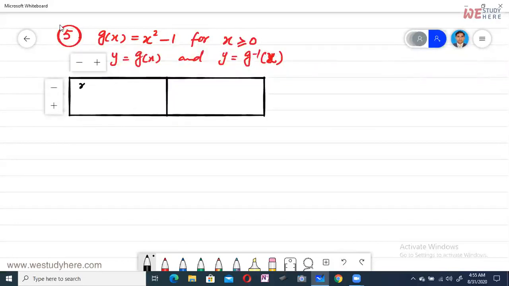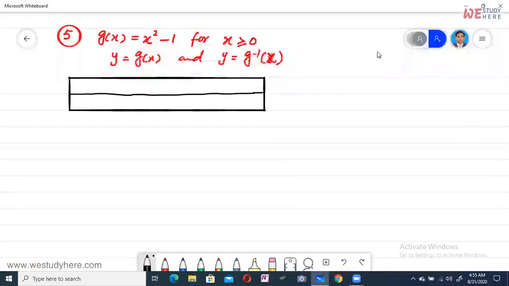Here is x, and here is g of x or y, we can write. As x is greater than or equal to 0, we will take the domain 0, 1, 2, 3. Up to 3 is enough. We can take 4, 5, more values also.